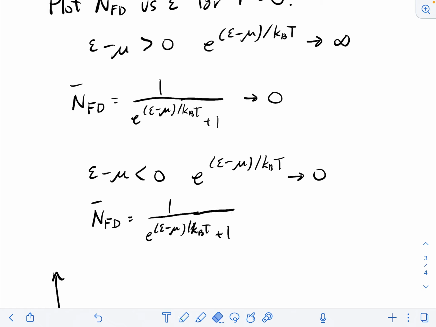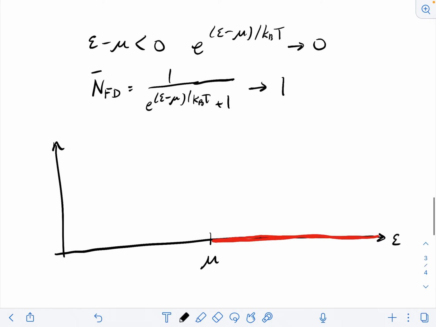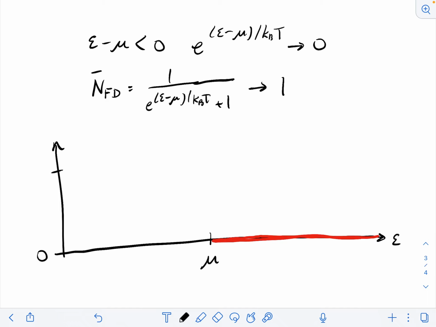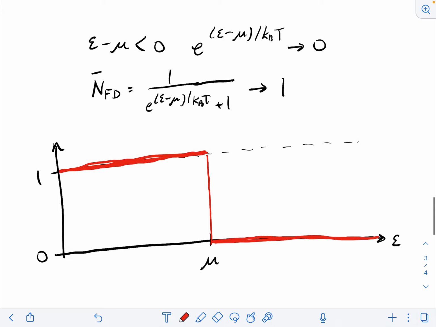And so what we have is 1 over 1, which is just 1. So for energies less than the chemical potential, the Fermi-Dirac distribution is just equal to 1. And then there's a very sharp transition right at epsilon equals mu. And so this is the T equals 0 case.